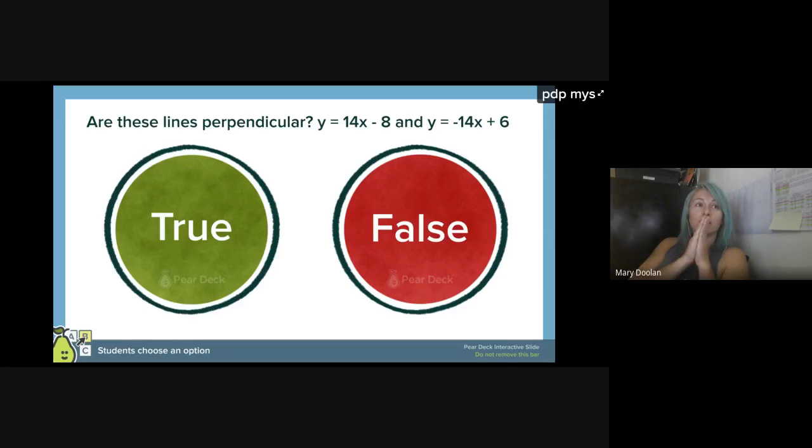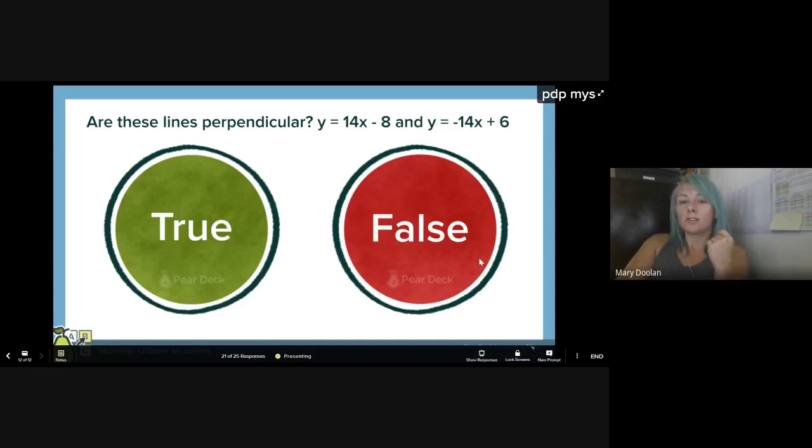More of you guys have this wrong at the moment. Now we're even. 10 of you are true, 10 of you are false. This is false. This is absolutely false.